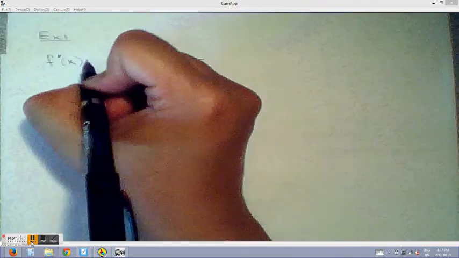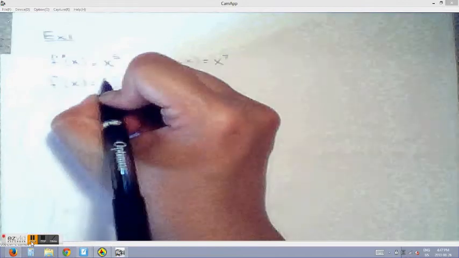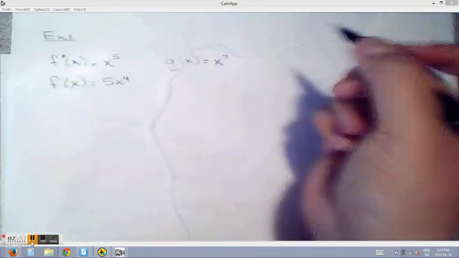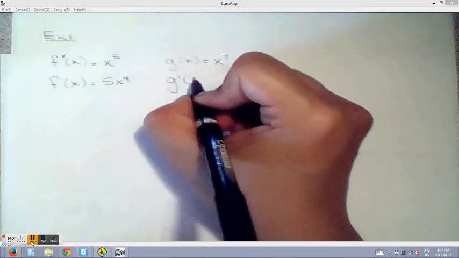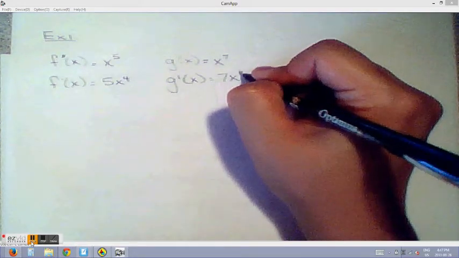This usually helps me. f at x we said was x to the exponent 5, g at x is x to the exponent 7. Then f prime at x is equal to 5x to the exponent 4. g prime at x is equal to 7x to the exponent 6.